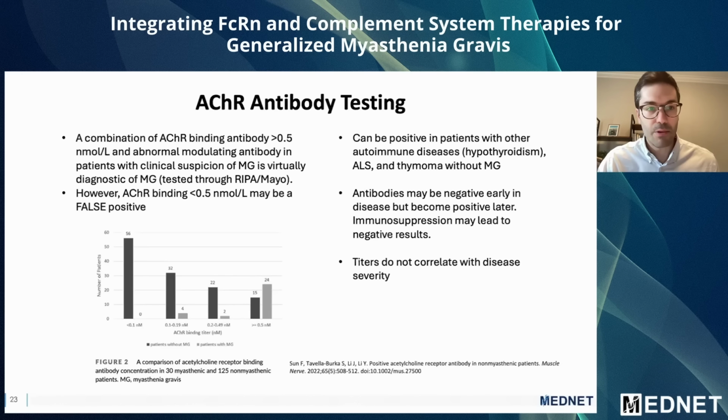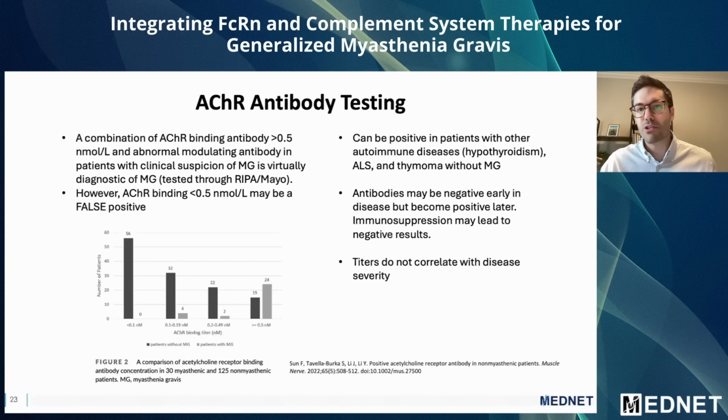However, they did find that low titer antibodies, specifically less than 0.5, as well as with a negative modulating antibody, that these may be false positives. And they found that these false positive patients have other autoimmune disorders, specifically hypothyroidism was one of the more common ones, ALS, and even thymoma, but without having MG.